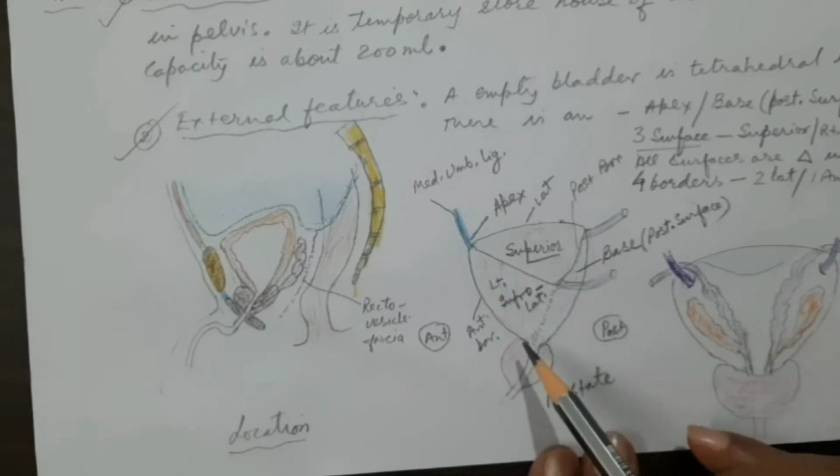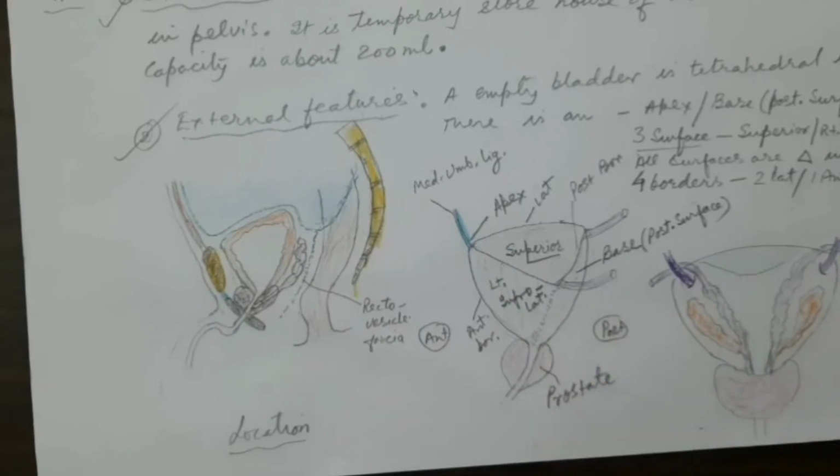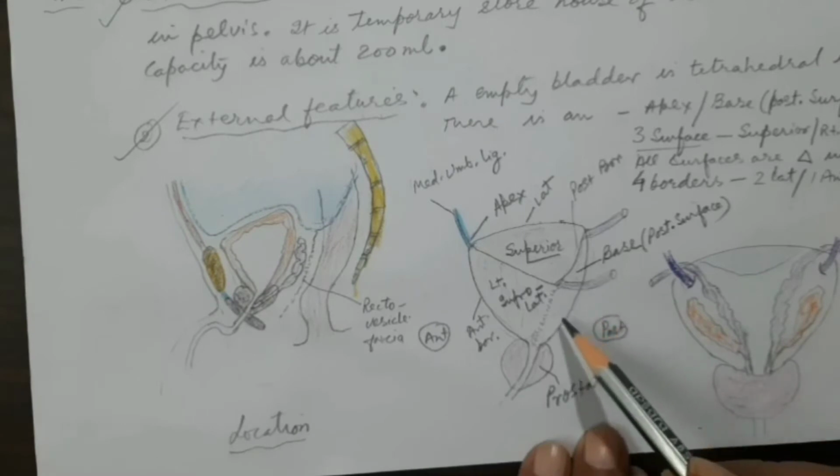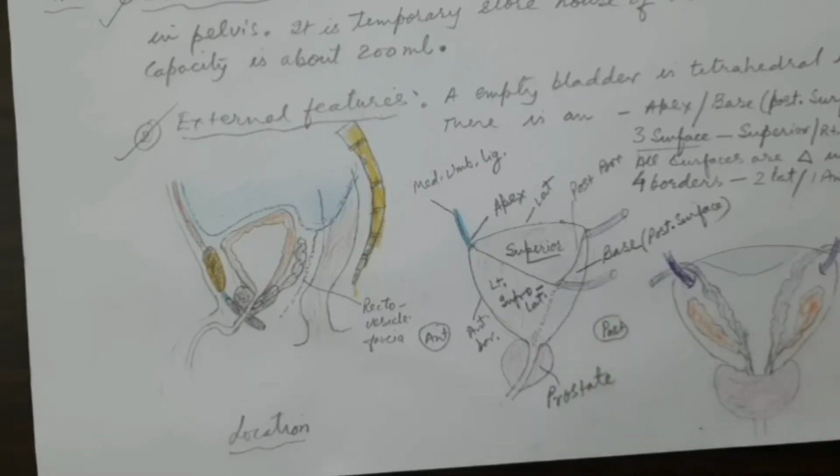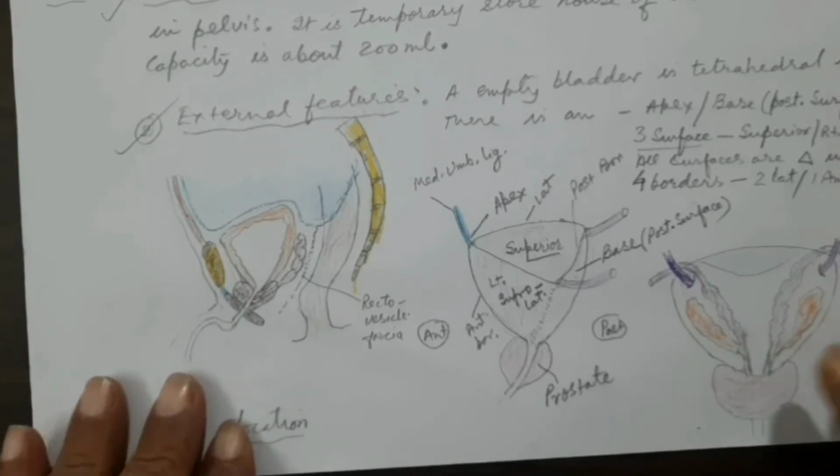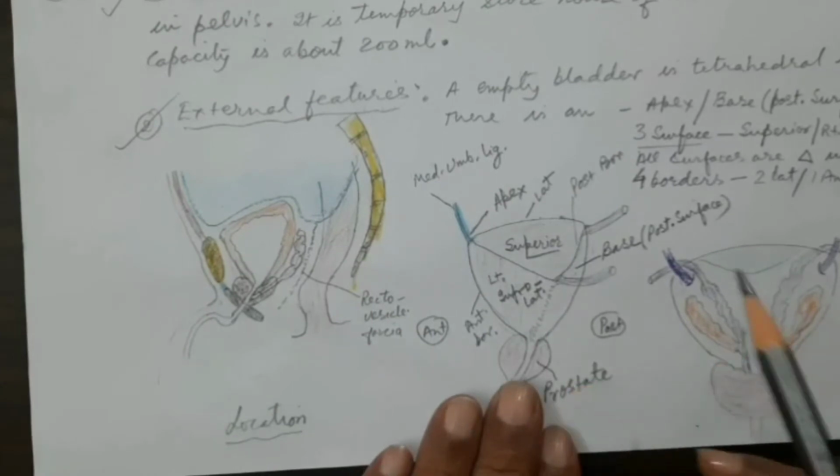Then this is the anterior border, which is in the midline. Between the base or posterior surface and the lateral surface, it is mostly rounded. There is no distinct border present. That's why there are only four borders: two lateral, one posterior and one anterior border. I hope you have understood.